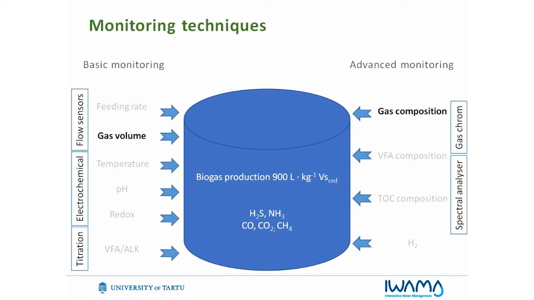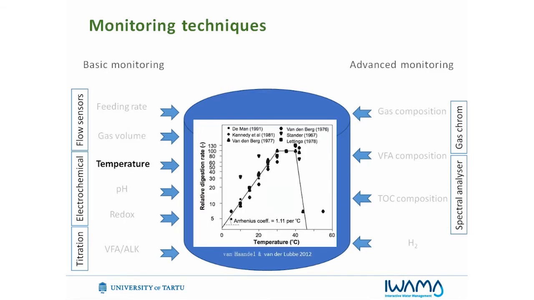Ammonia concentrations, gas volume and gas composition also give us lots of information, including the inhibition stages of H2S and NH3.